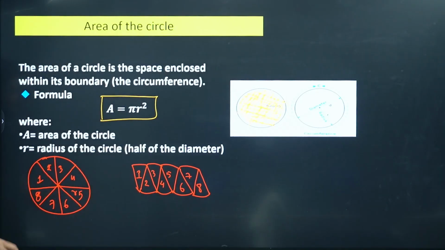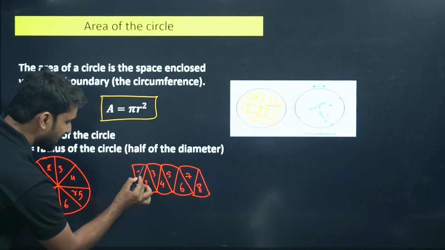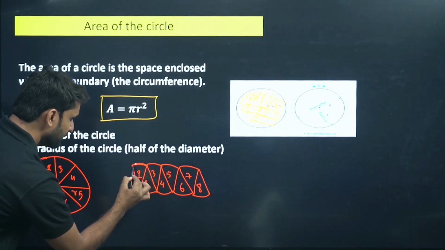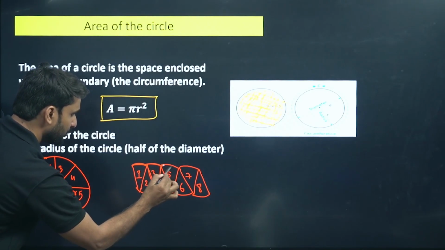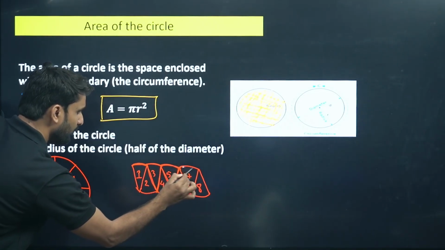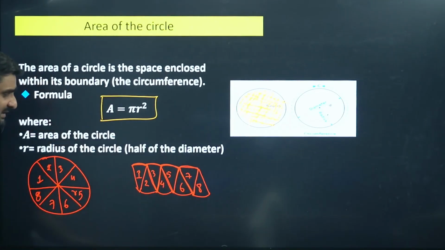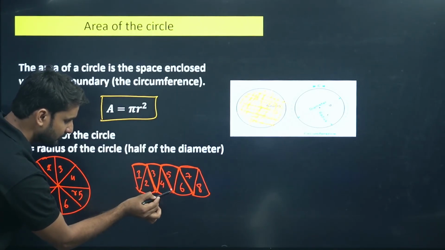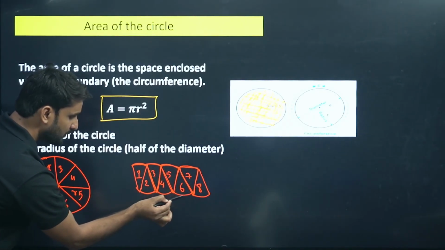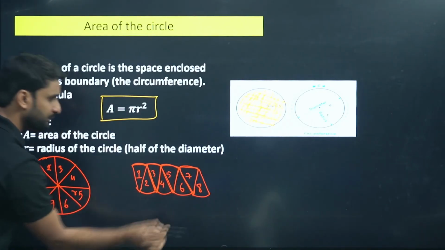Now just tell me one thing, how many slices are in this form? 1, 2, 3 and 4. And how many slices are in inverted form? 1, 2, 3 and 4.